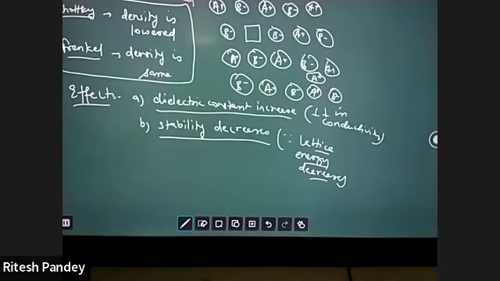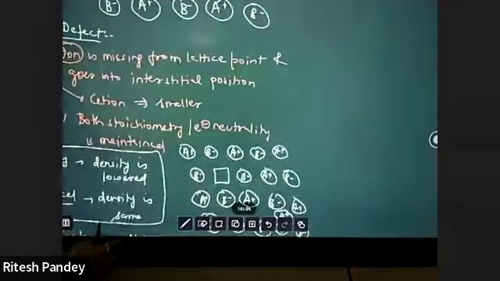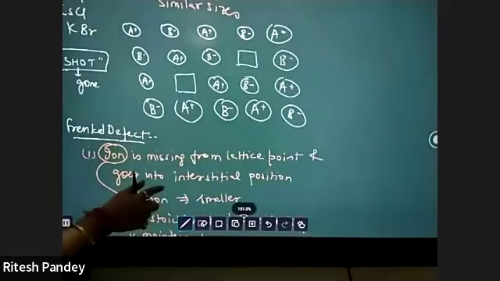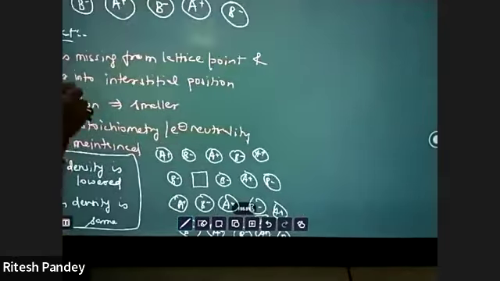Before we make headway, an important piece of information. Like I told you, Schottky defects occur in particles having a high coordination number, with cations and anions of similar sizes.